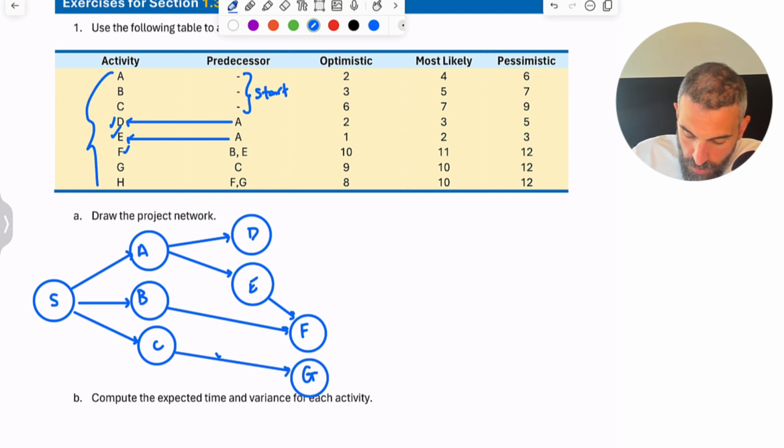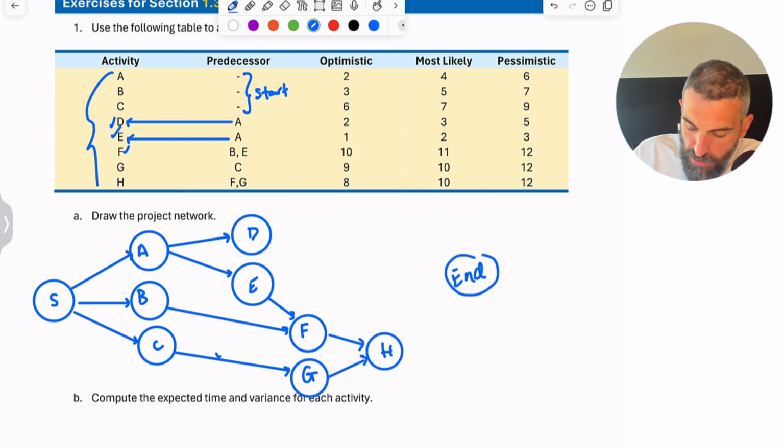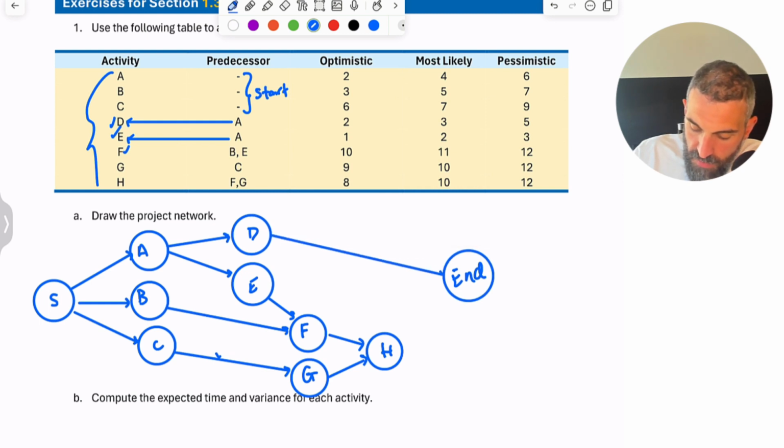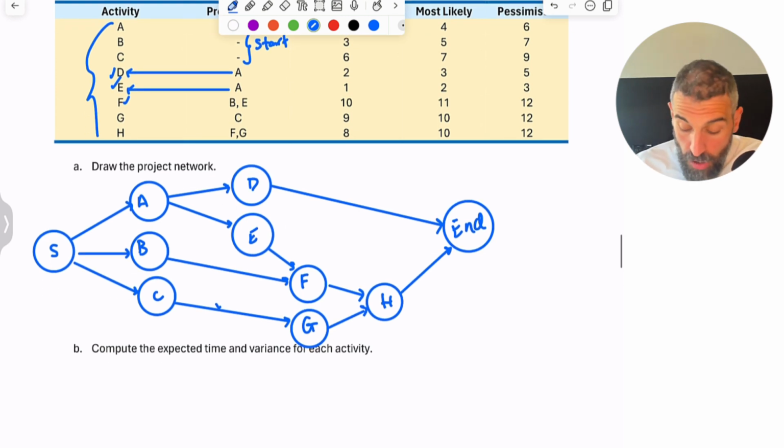F and G both go to H, like so. And you've completed everything. Double check it. It's good. Once it's good, any loose ends, I call them loose ends, basically any activities that are not going somewhere have to go into your end like that. Boom, done. So we have our project.